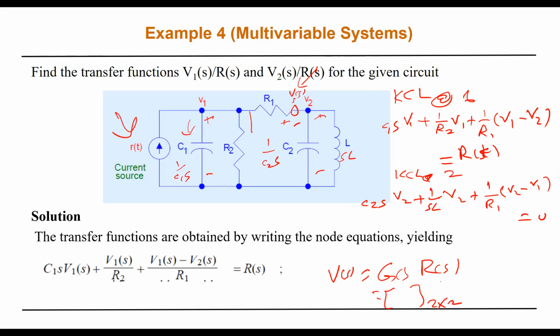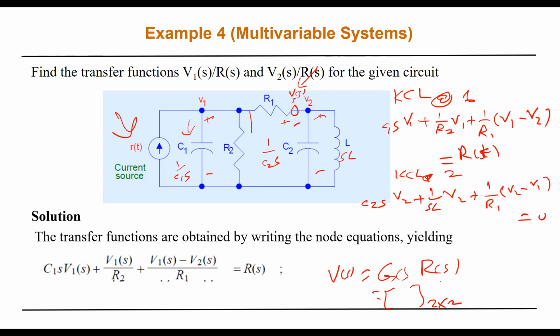Is it clear? Doctor, if it was 3 outputs, what will change? It will be 2 by 3? You tell me what will happen. What's your name? Majid. What will be the size of the matrix if I have 3 outputs and 2 inputs?